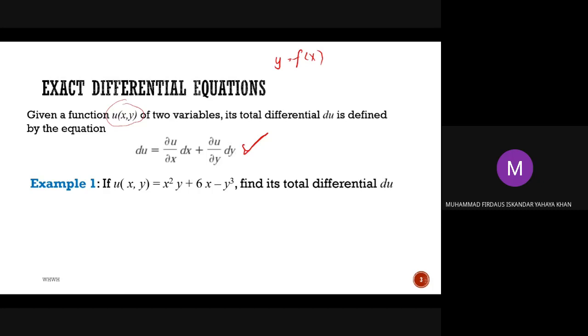So this del u over del x ni kita panggil dia as partial derivative. Saya tak pastilah you all dah pernah belajar belum yang ni. And del u over del y ni also we call as partial derivative. Maknanya del u over del x ni maknanya the whole function kita differentiate semua in terms of x.